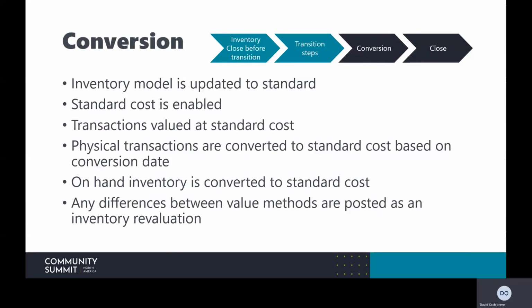In addition, the system converts the item's physical inventory transactions for receipts and issues to standard cost based on the conversion date. The system also converts the item's financial on-hand inventory to standard cost, and it posts the difference in value as an inventory revaluation, which we talked about when we talked about the number sequence setup.